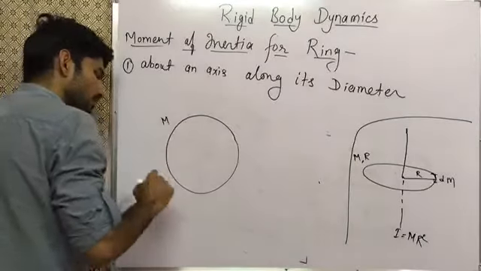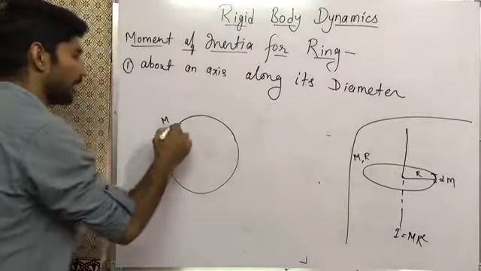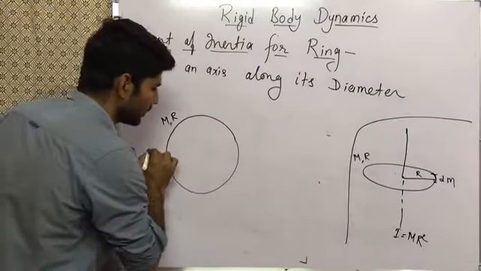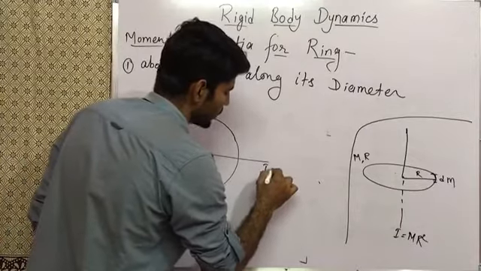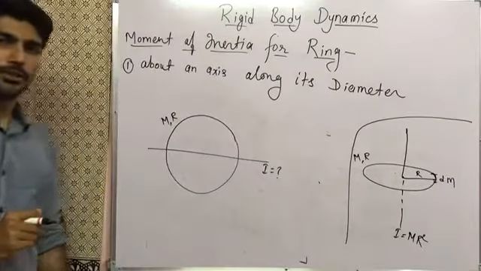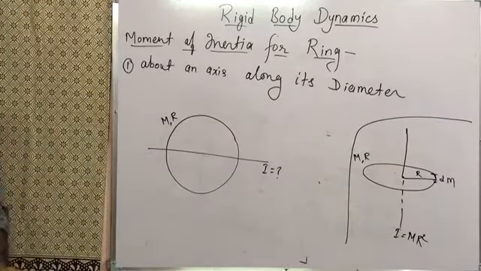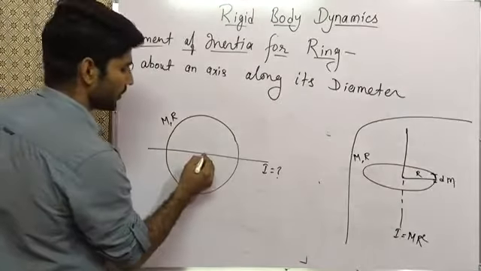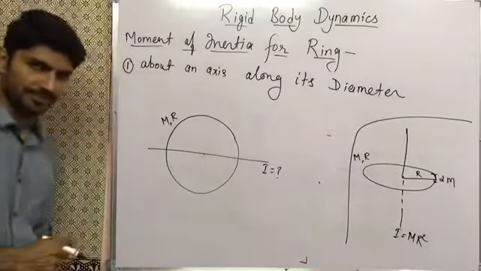We assume the mass of the ring is capital M and the radius of the ring is capital R. This is the axis about which we need to derive the formula of moment of inertia. This axis is along the diameter, which means it passes through the center.